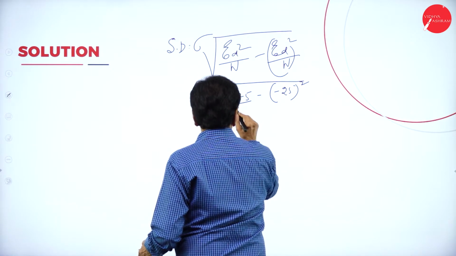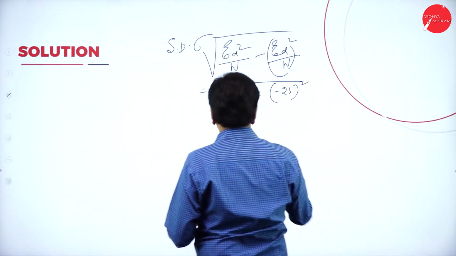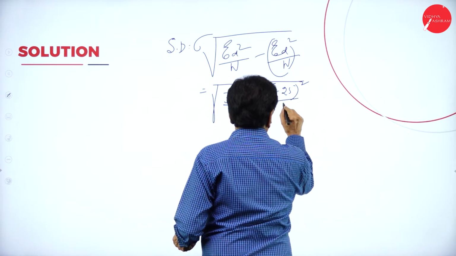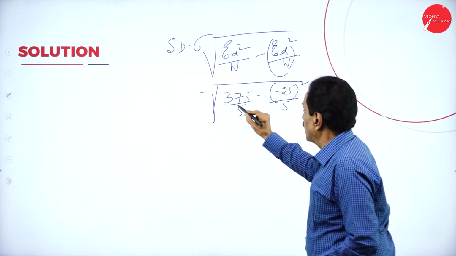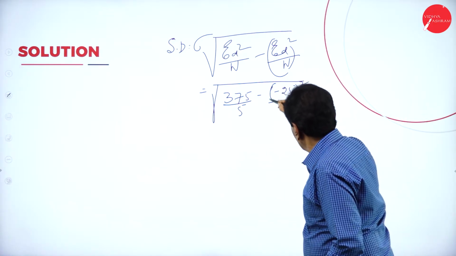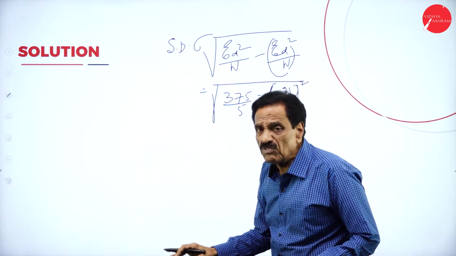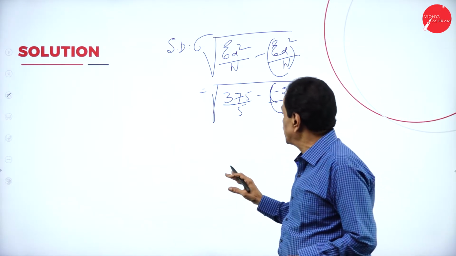This is by n. N is how many items are there? 5, divided by 5. This is 375 divided by 5 minus 25 divided by 5 whole square. Your class interval is not uniform. That's why I have not taken C.